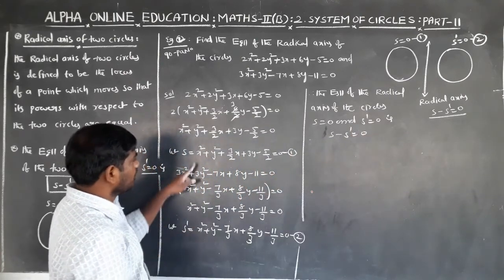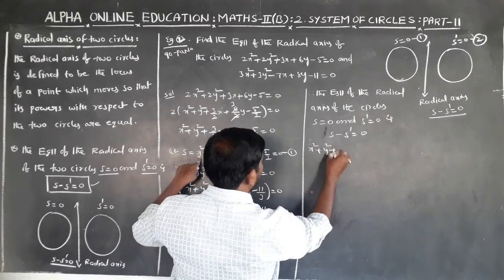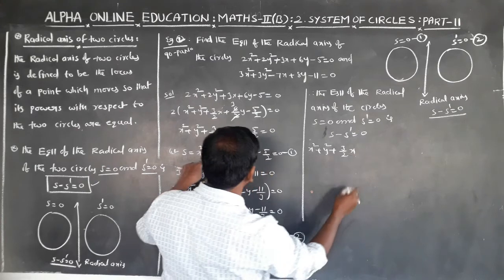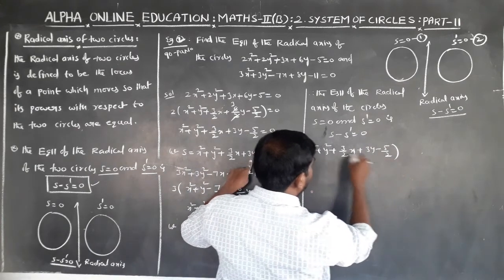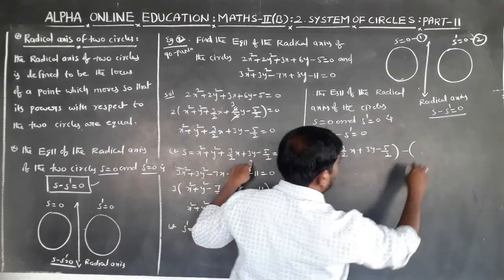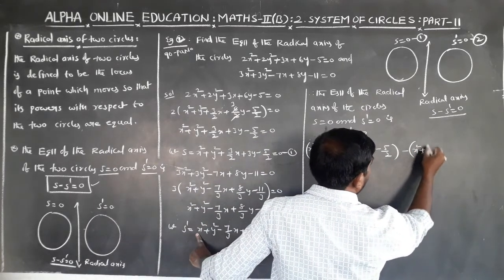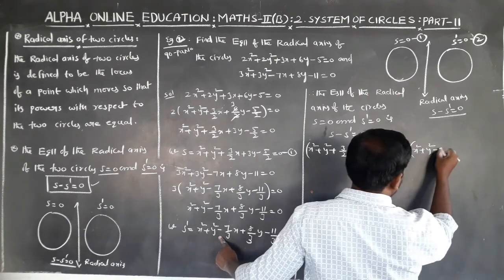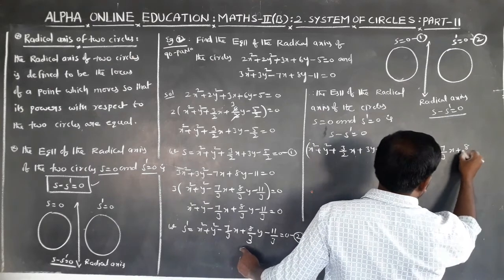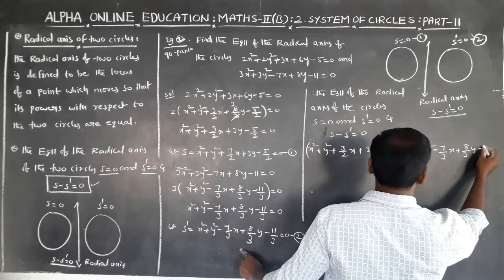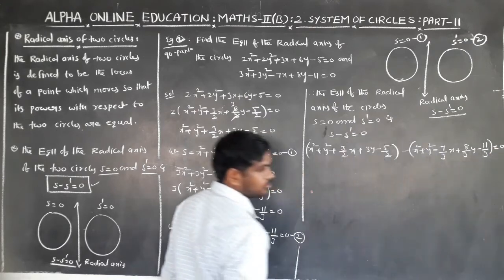S is x square plus y square plus 3 by 2x plus 3y minus 5 by 2, minus S dash, which is x square plus y square minus 7 by 3x plus 8 by 3y minus 11 by 3, is equal to 0.